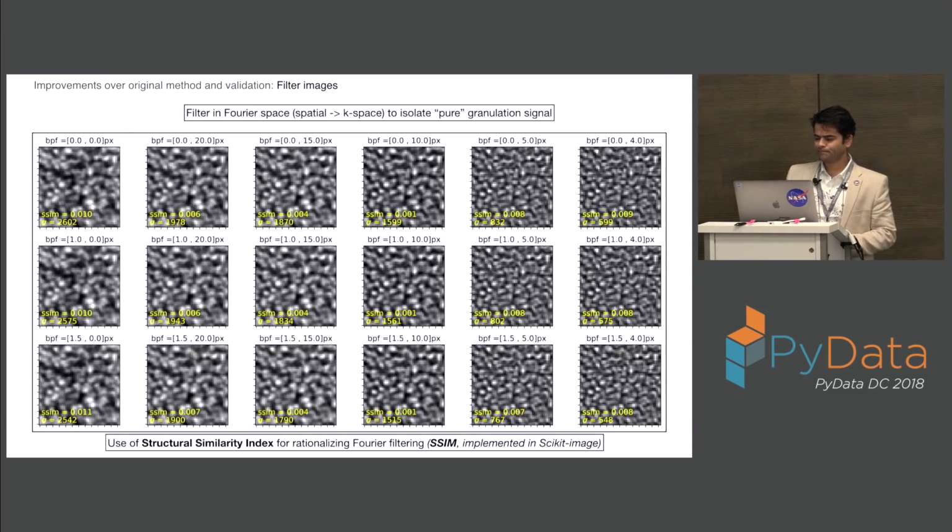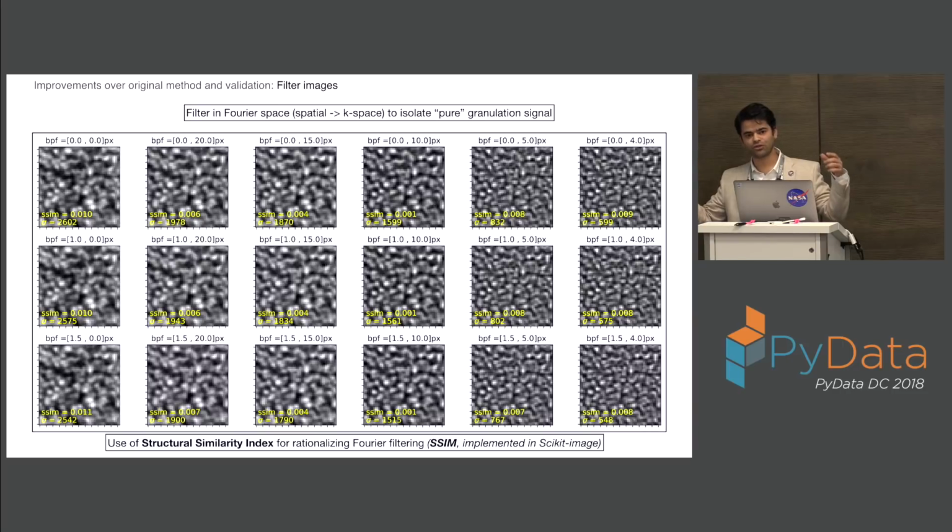And you can filter that with Fourier, but if you want to filter pure granulation signal, you need to basically guess what spatial scale you want to select so that you can get rid of the lower frequency oscillations in the Fourier space domain. But where do you stop? How do you select these scales?